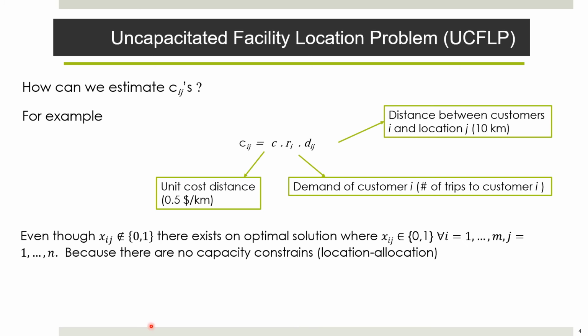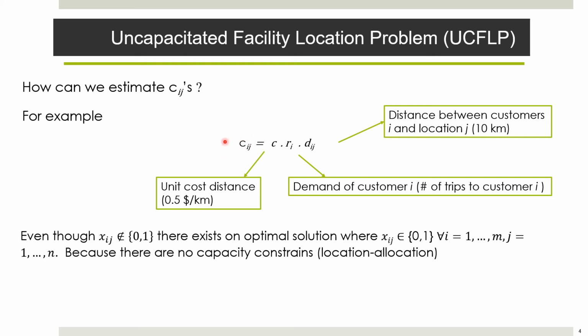So in this formulation, we have these Cijs, and we define it as the cost of satisfying 100% demand, all demand of customer i from a facility located in j. But how can we estimate this cost? What does this cost depend on?